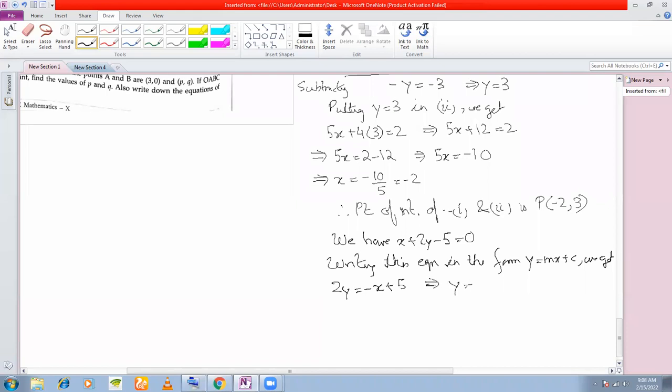Hence y is equal to minus x plus 5 by 2, which means y is equal to minus half x plus 5 by 2.